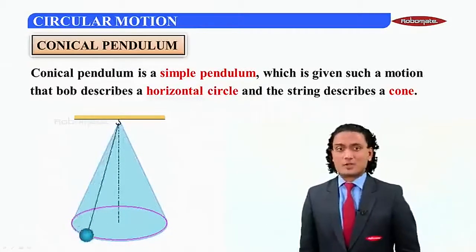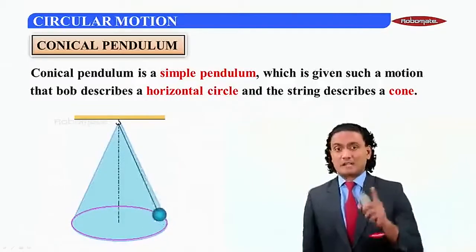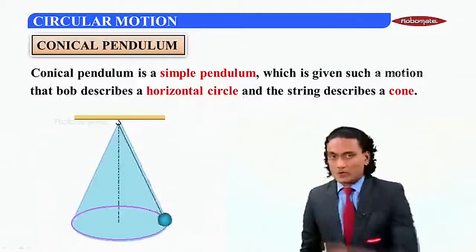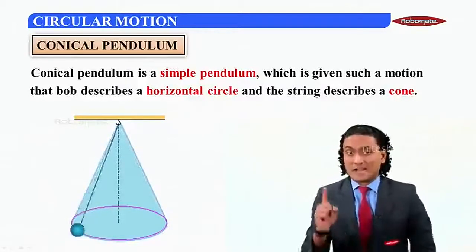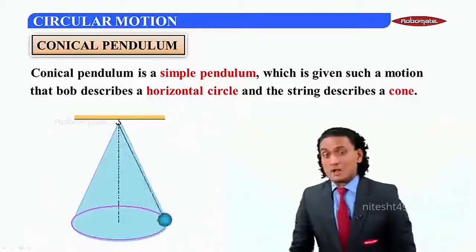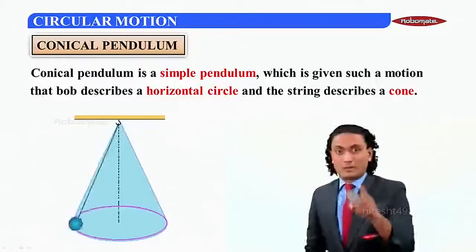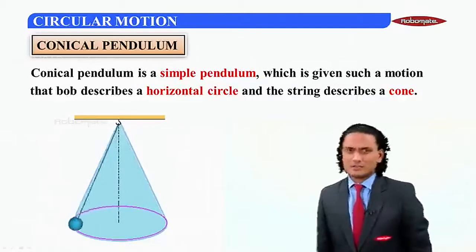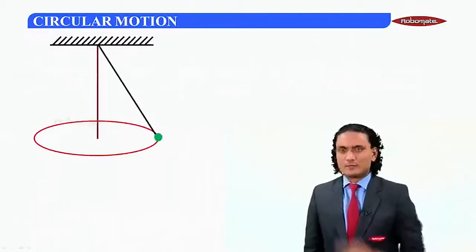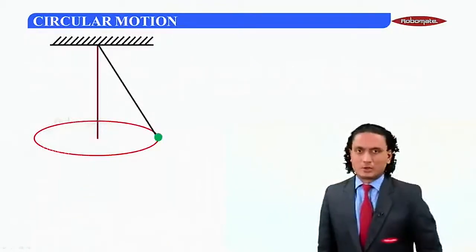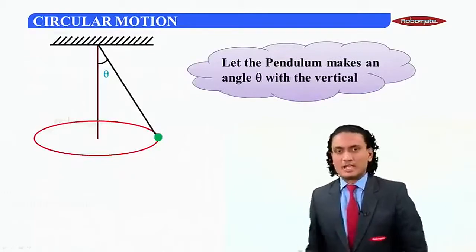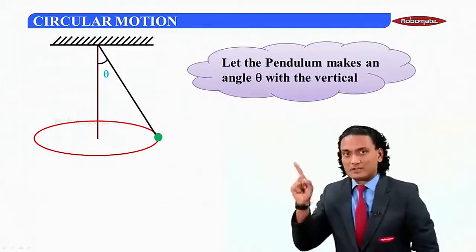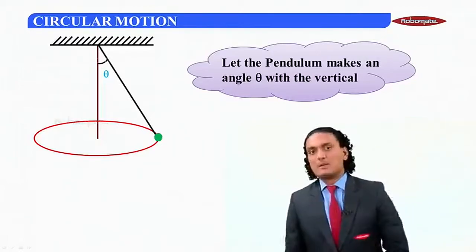Now students, we are going to derive an expression for the linear velocity of the bob of the conical pendulum, and an expression for the angular velocity of the bob of the conical pendulum. Why? Because the bob is performing a circular motion. Is that clear? So can we move on? Alright. Now for this, let me bring back the conical pendulum. Theta is the angle made by the pendulum with the vertical.